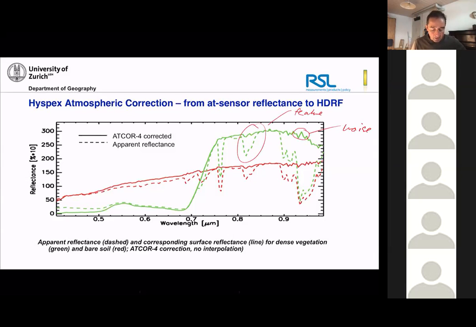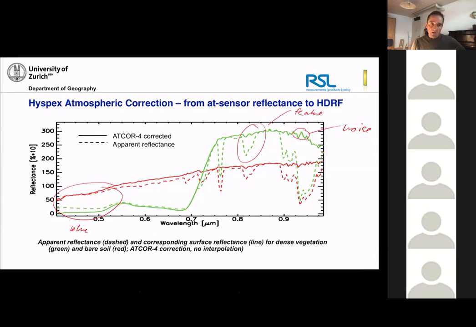The other thing that is happening correctly is in the blue. The dark objects are corrected for the additive scattering effects, so they get darker, whereas brighter objects like the sand spectrum here are not affected by the atmospheric correction. That's what I mentioned last time: aerosol effects cancel at a certain brightness.